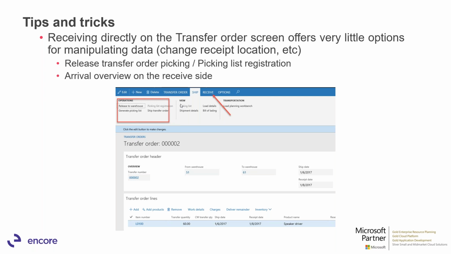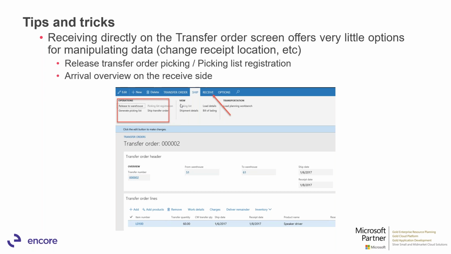And whether those are advanced warehousing or whether those are WMS1, it doesn't matter. If registration is mandatory for the items on the transfer order when they are received, if you're using this form, it has to be done line by line on this order form before receiving.